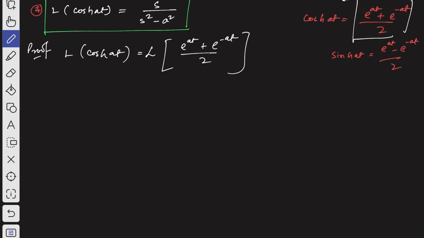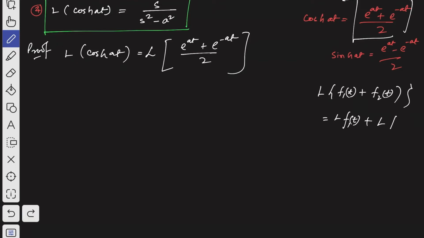Remember one thing. Suppose you have Laplace transformation of f1 t plus f2 t, then you can write it in this manner: Laplace transformation of f1 t plus Laplace transformation of f2 t.